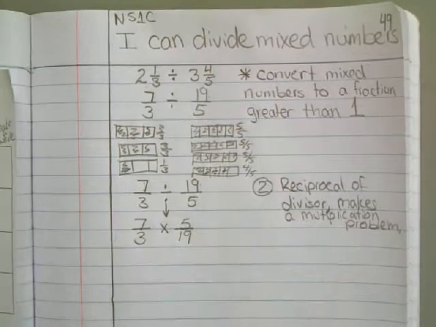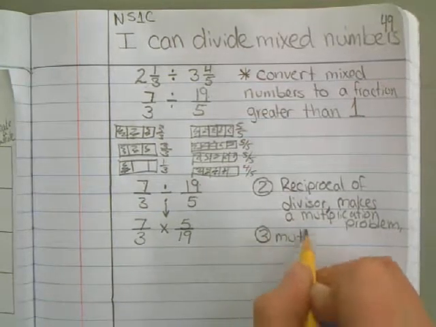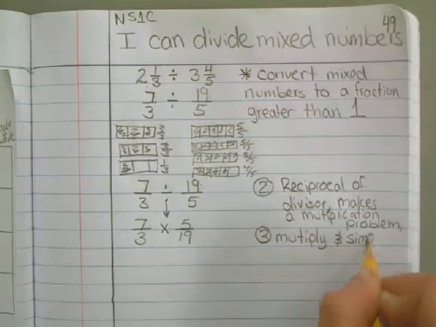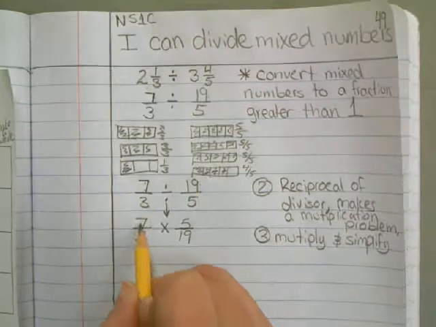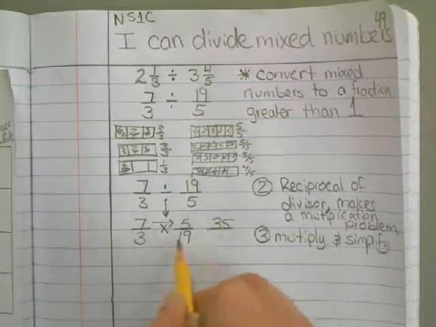Okay. Step 3 then is multiply and simplify if needed. So multiply straight across. 7 times 5 is 35, and 3 times 19.